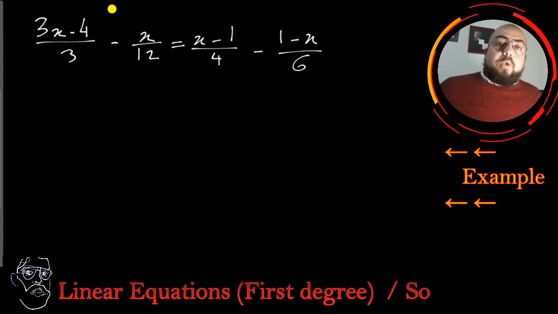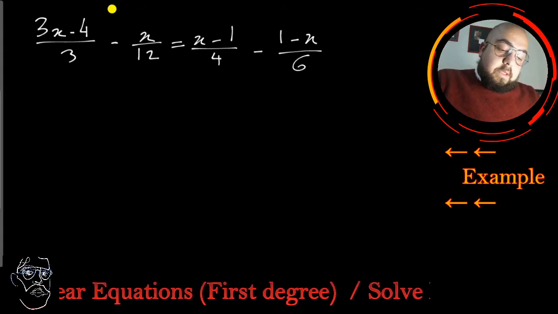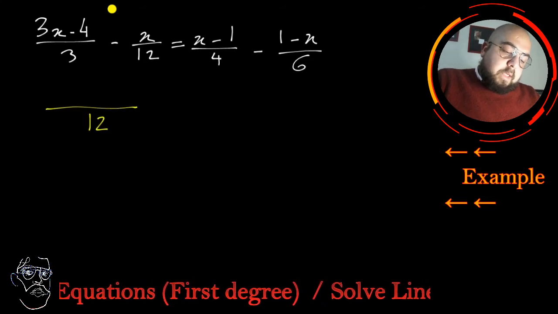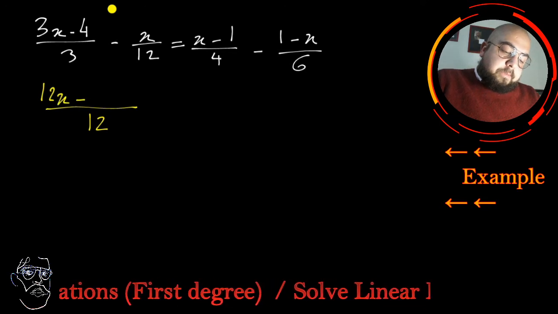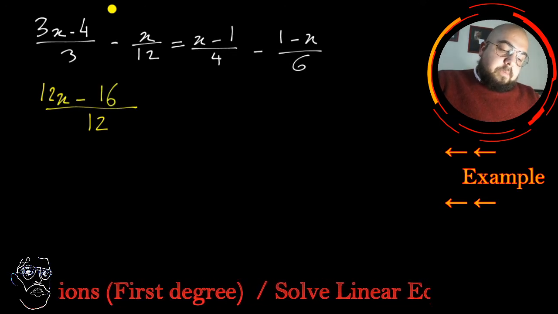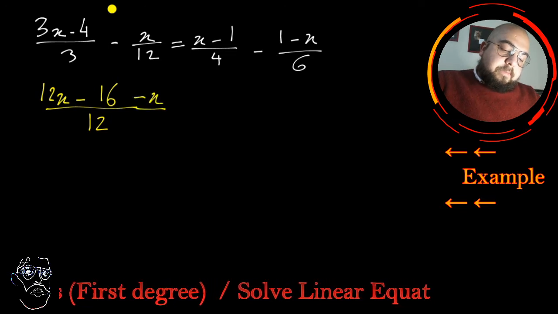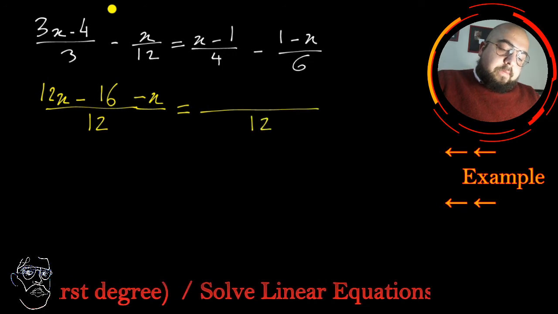So in this case, I will choose a common denominator. Let's say it was 12. So 12. In this case, I will have 12x minus 16 minus x is equal to, again, 12.